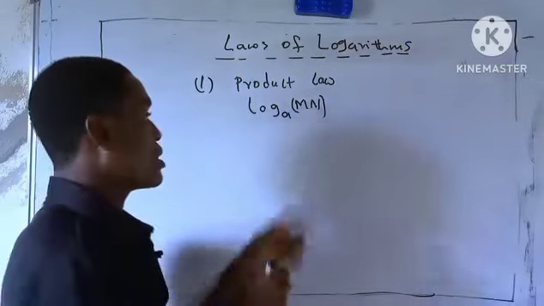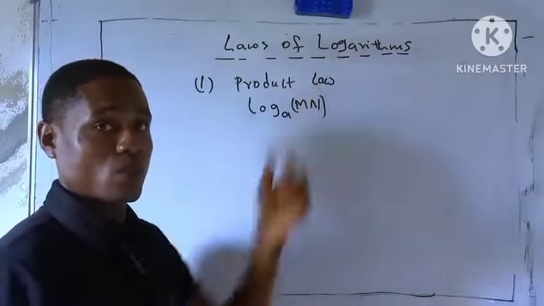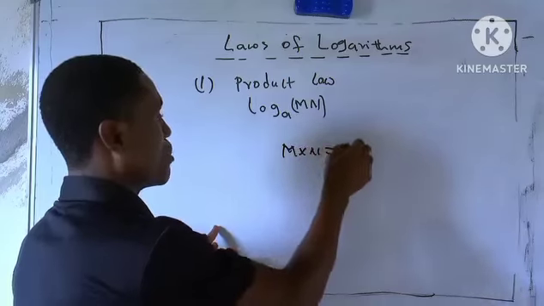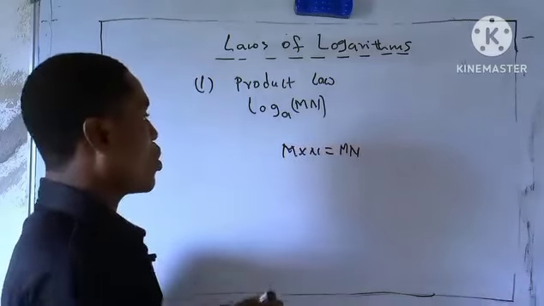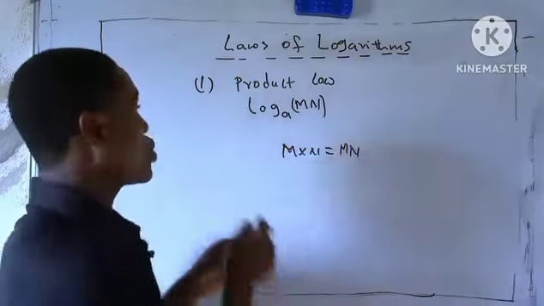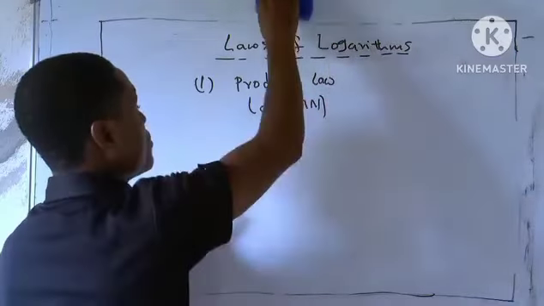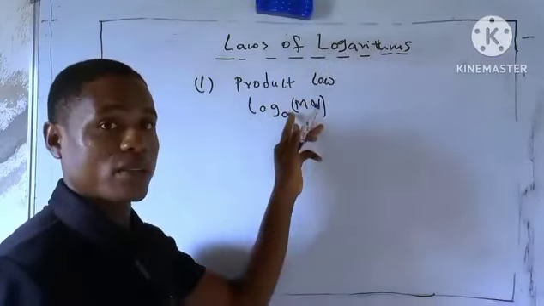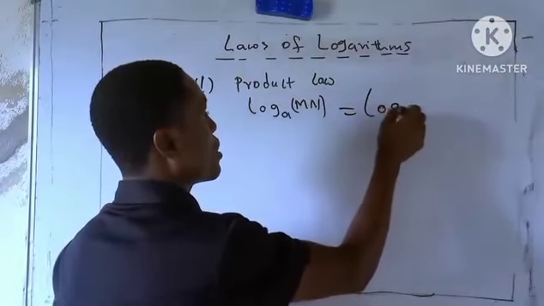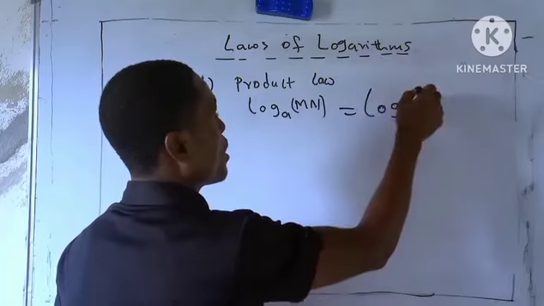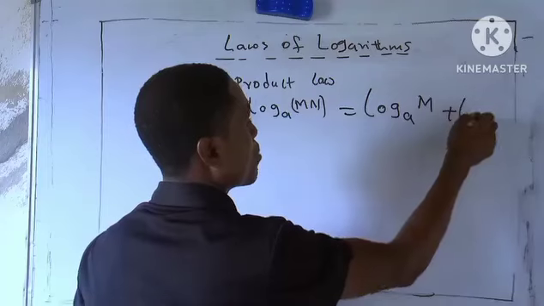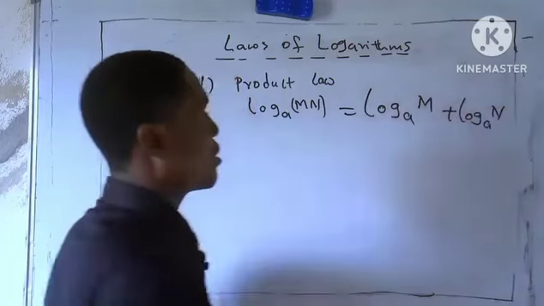That is what is binding these two letters together, right? m times n is mn, isn't it? So it's the law of multiplication that is binding these two alphabets together. So if you have something like this, log base a of mn, you can write it in this form. You can split it: log base a m plus log base a n.